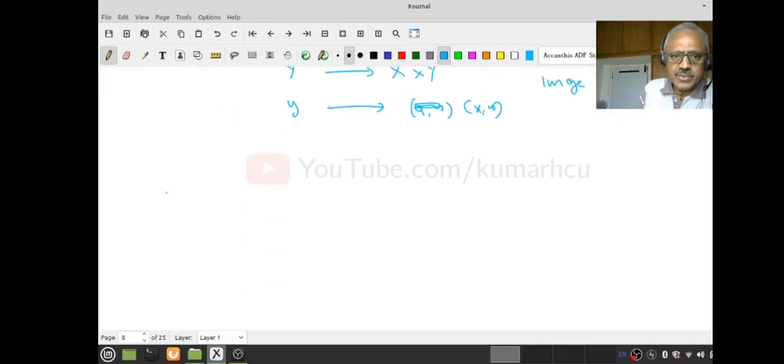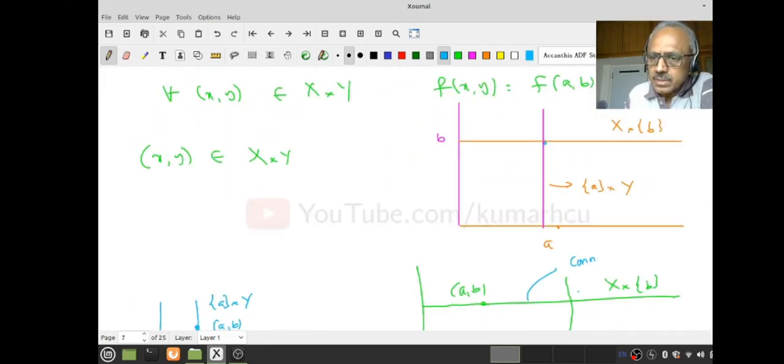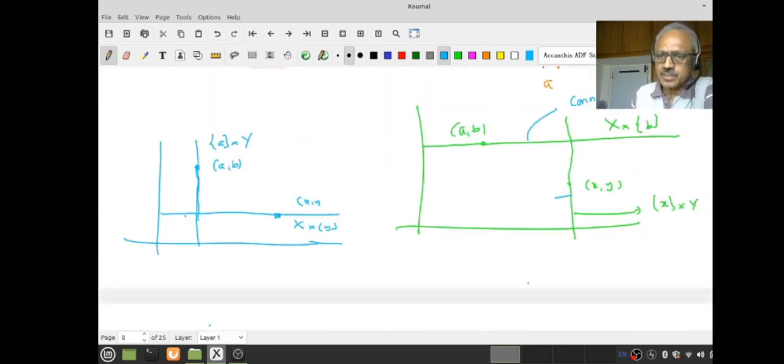The next thing we know is, let me restrict f to the space X cross singleton b. If I restrict f to this space, then it's a constant, because this space is connected.